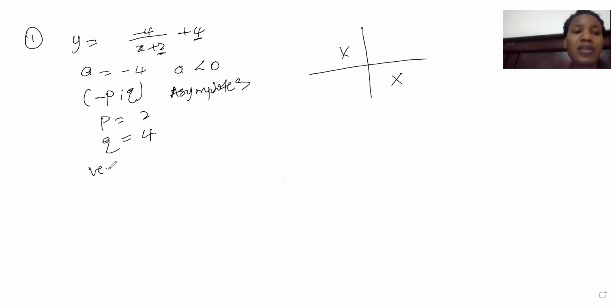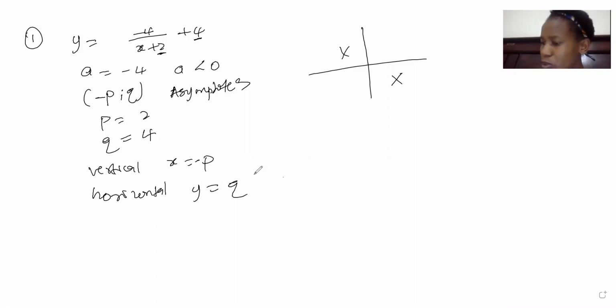The vertical asymptote is x equals p, and the horizontal one is y equals q. Let me just make sure.